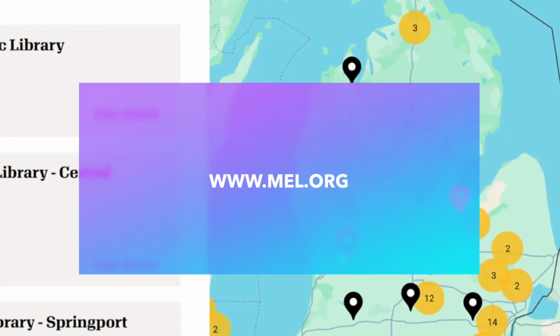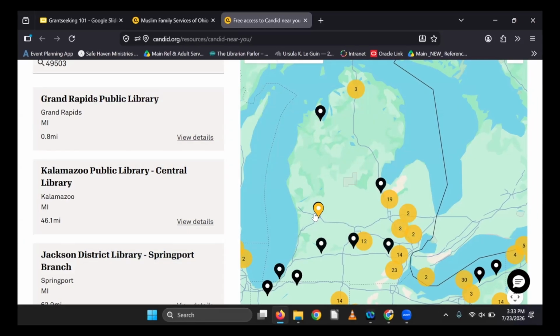And if you go to mel.org, you can use your Grand Rapids Public Library card to make requests from all across the state. And obviously, we're more than happy to make those requests for you here at the library. We also, if you're looking for original research, like an article or something like that, we could do something called a super loan. A super loan allows us to get different articles and things like that from institutions, again, not only from all across the state, but around the world, around the country.